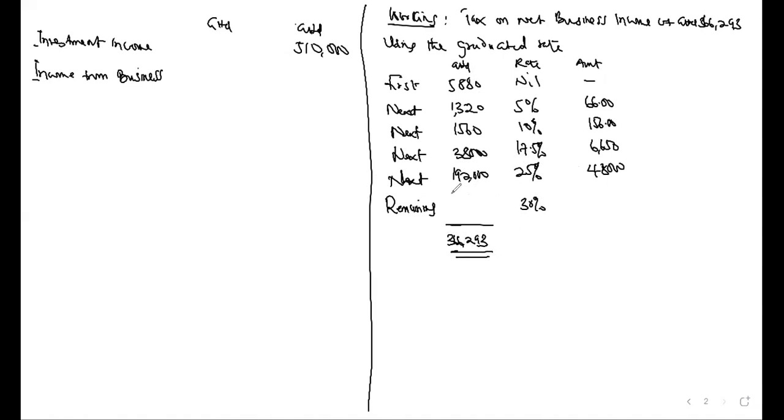I'm getting 127,533. Let's approximate the value to the nearest whole number. 127,533 by 0.3, I'm getting 38,260. So what is the total tax?